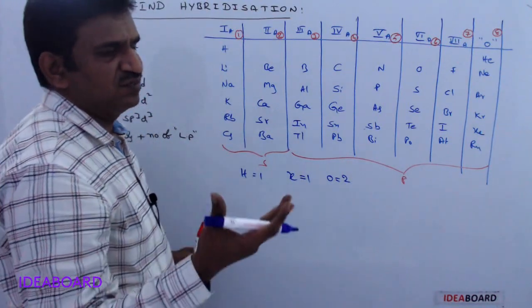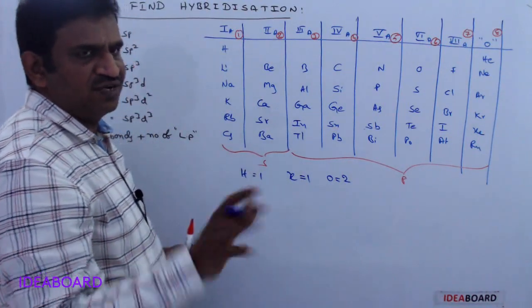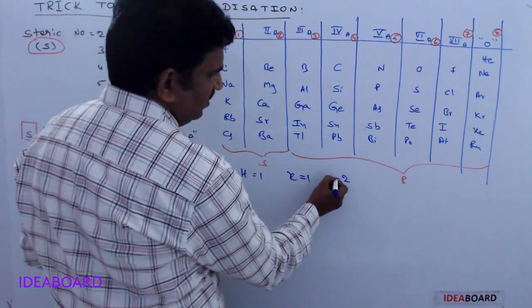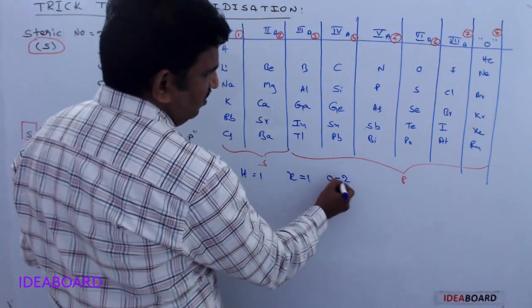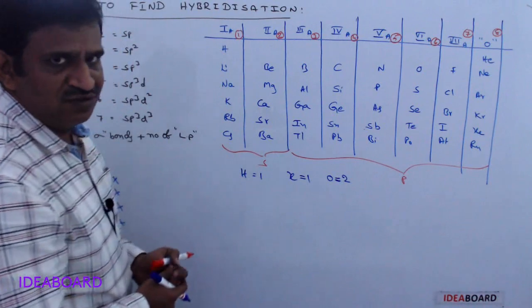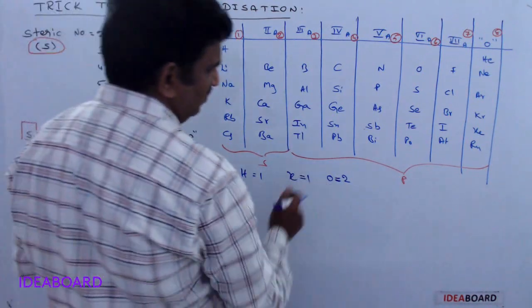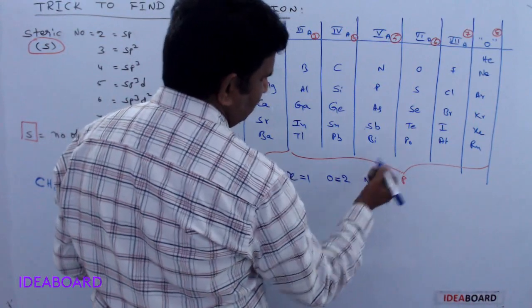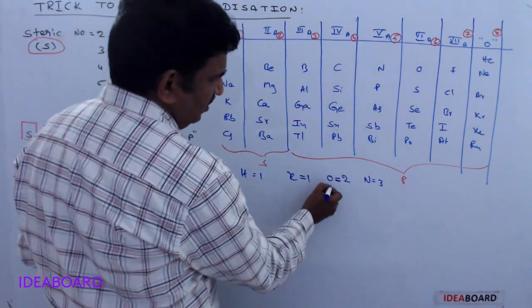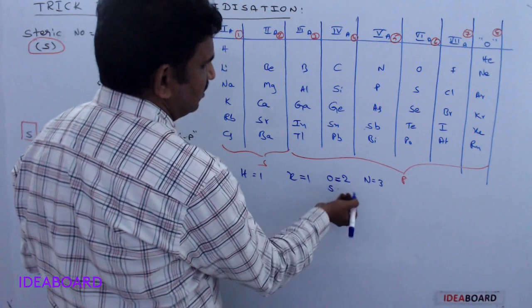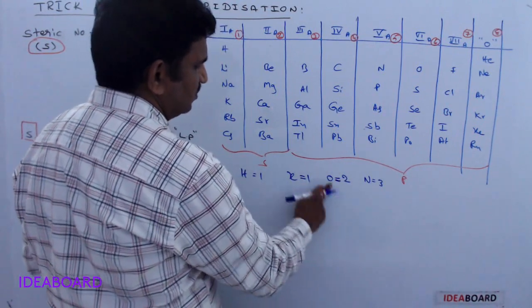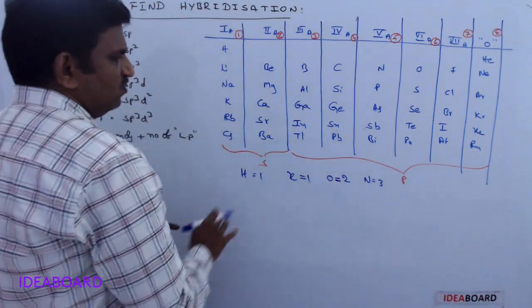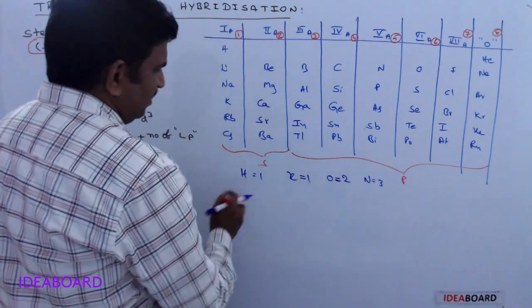Please remember there are some exceptions, peroxide and superoxide, which are different. When taking oxygen very commonly, it gives 2 electrons for bonding. And next, nitrogen is 3 electrons, and sulfur also generally gives 2 electrons. We will see that later. So first of all, remember these particularly.